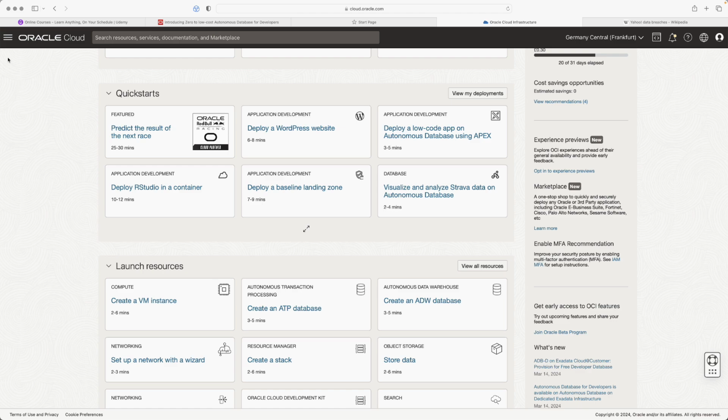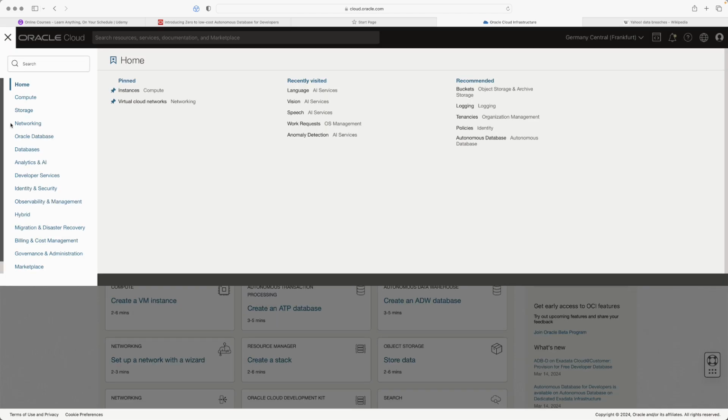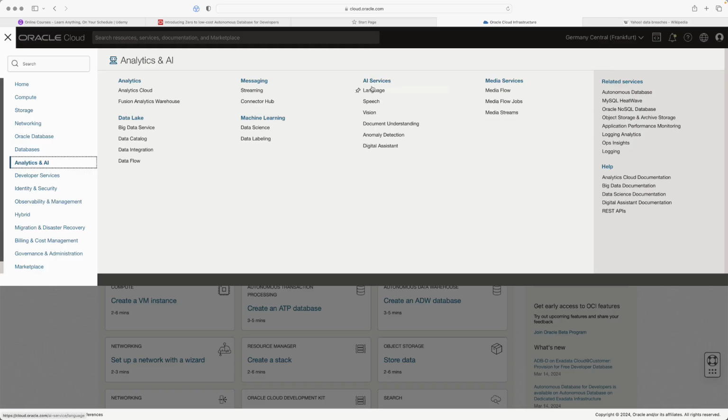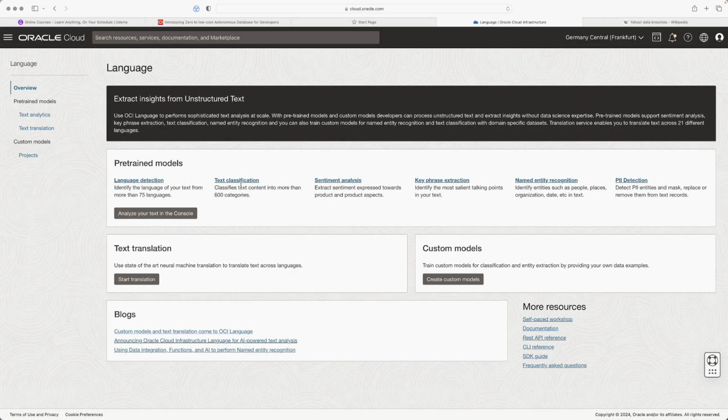So let's take a quick look. If you go to the hamburger icon, go to Analytics and AI, and from here you choose Language, right? Here it showcases everything we already discussed in the previous lecture. We are talking about language detection. You can identify languages from up to 75 languages. You can classify text into different categories. I told you about sentiment analysis.